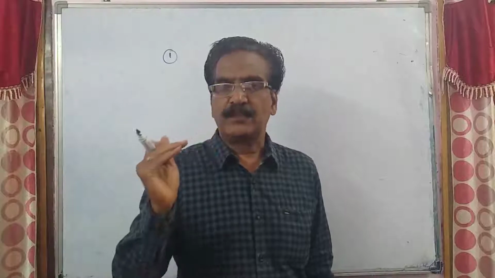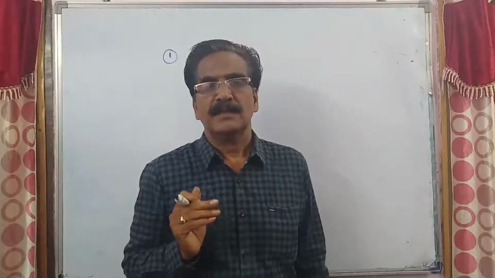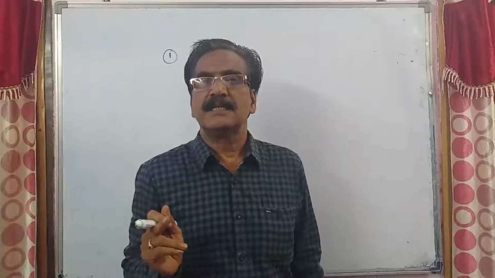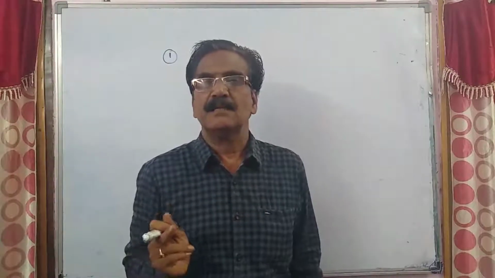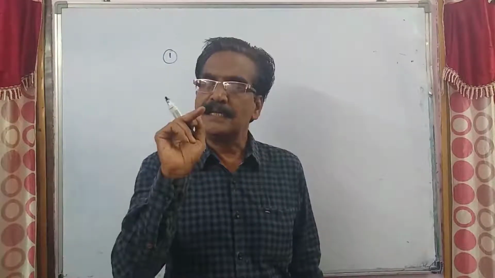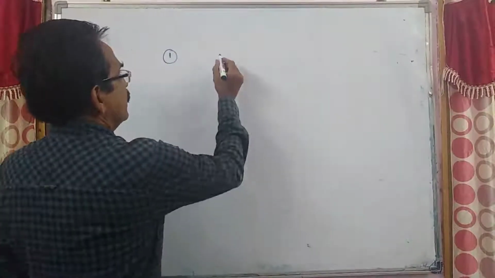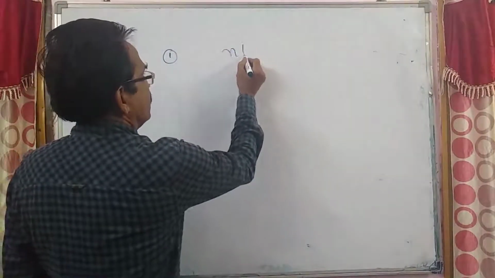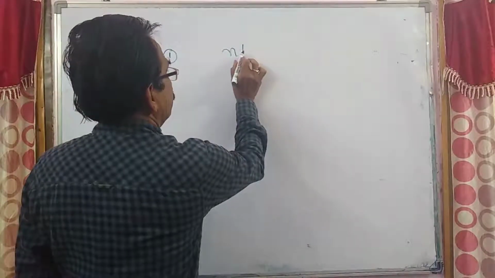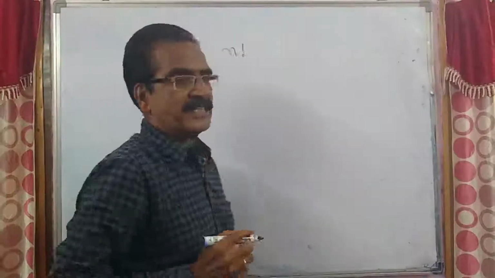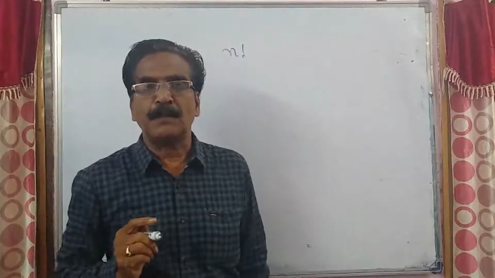That is n factorial. N different things can be rearranged or permuted in n factorial ways. This is the first basic point for us for today's problems.